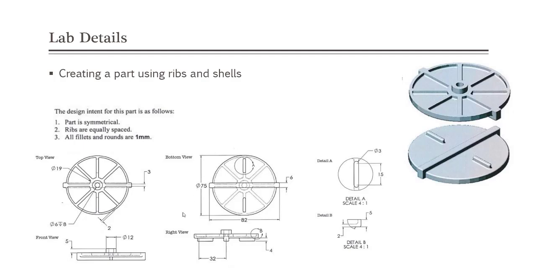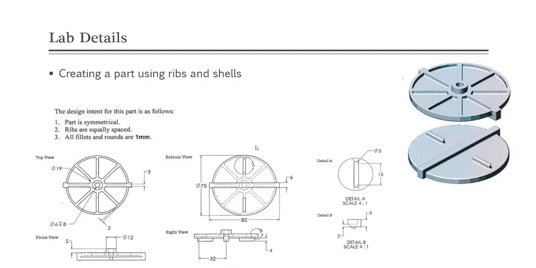The next step is to add a few additional features, like a 19 millimeter diameter circle, which will be the extrude. Then there will be this 6 millimeter diameter circle with this 8 millimeter hole. Before digging this, since this is the cutout, we need to extrude this 12 millimeter circle by 5 millimeter width, and then we can cut this 6 millimeter hole.